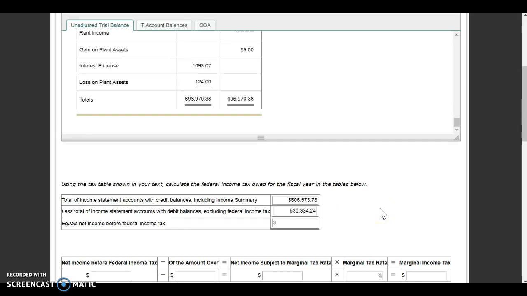Now, there's a lot of things that we have to add up there, so it's really important that we're being careful when we're adding, because if we get these numbers wrong, this will mean that we'll get the rest of our information wrong. So I would double check your work. I know it's kind of a pain, but I would add things up at least twice to make sure you get the correct number. Okay, so now it tells me here I'm going to subtract these two numbers.